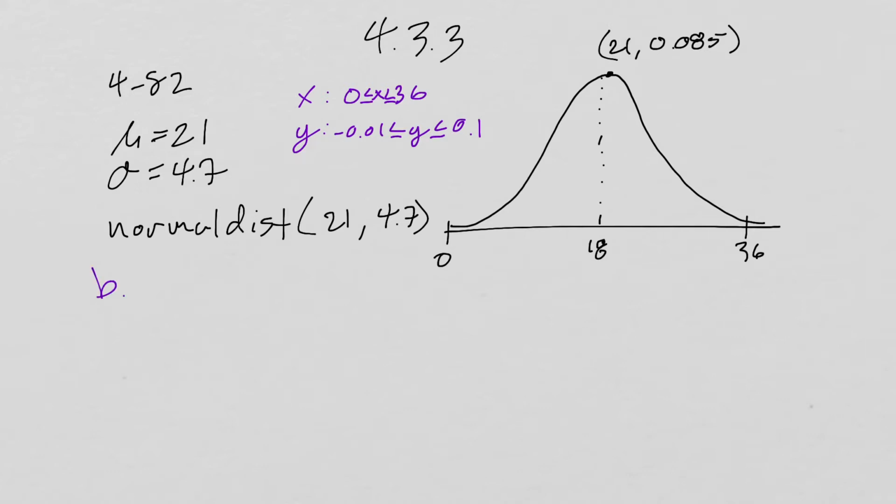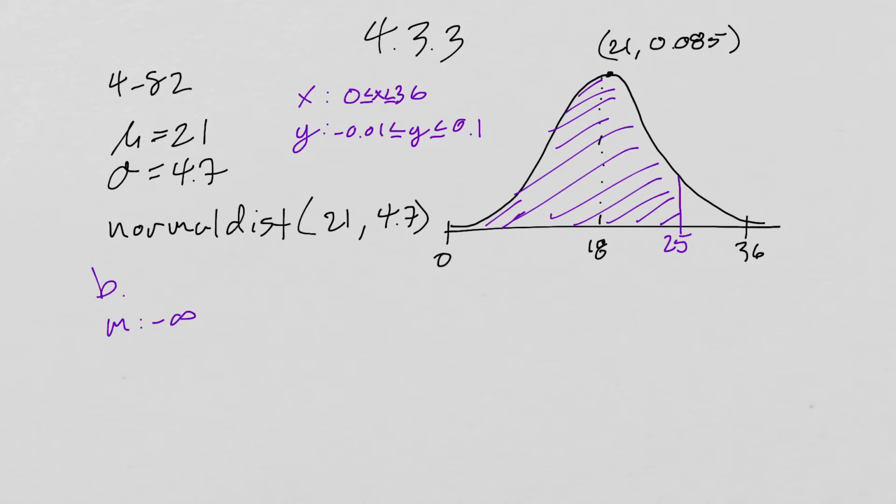And 21's up there, so we're going to say 25 is about here. And so all of these values down here are scores that are below Adele's score. The way that we're going to do that is in our Desmos calculator. Our minimum we're going to keep as negative infinity, and our maximum we're going to type in 25. And so if we do that, you'll see it fills in the shaded area.